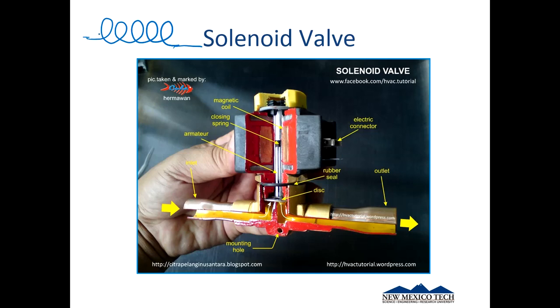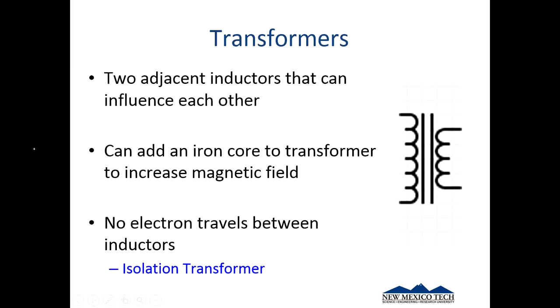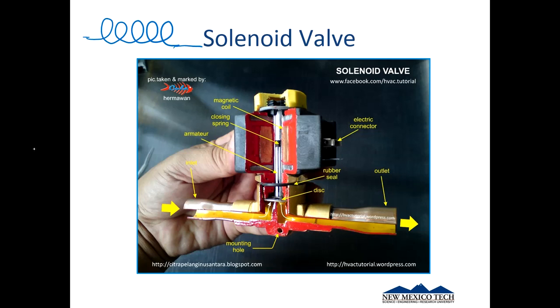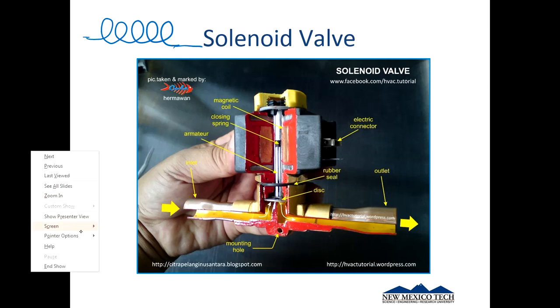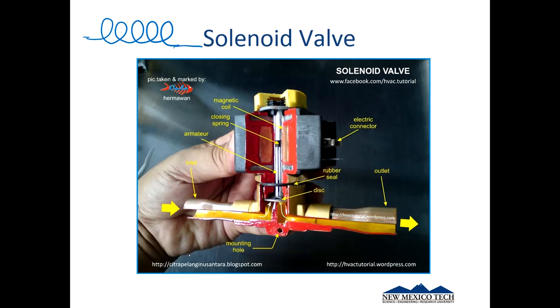And the neat thing with magnetic fields is if I were to put a piece of metal in there, running right through the middle of them, and I change the current into this inductor, that changes the magnetic field and can move this piece of metal.